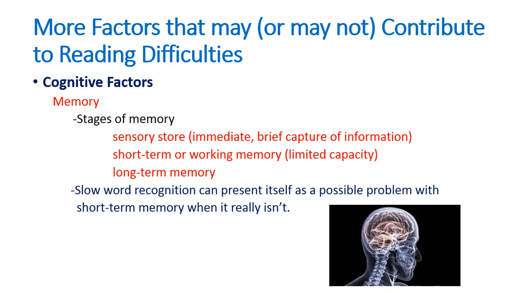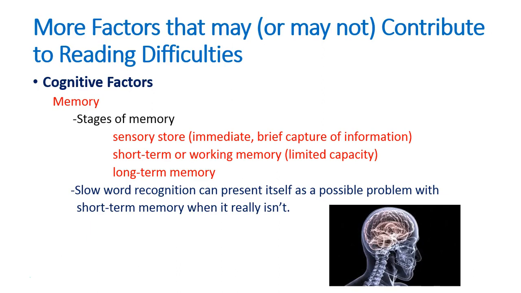It either goes into our short or long-term memory, or it's just gone. Then we have our short-term or working memory, where we take information in for short periods of time depending upon how long we're working with it. Something will remain in our short-term memory as long as we're revisiting it and using that information.